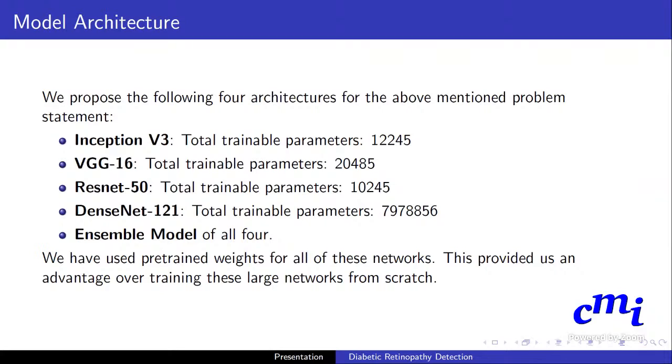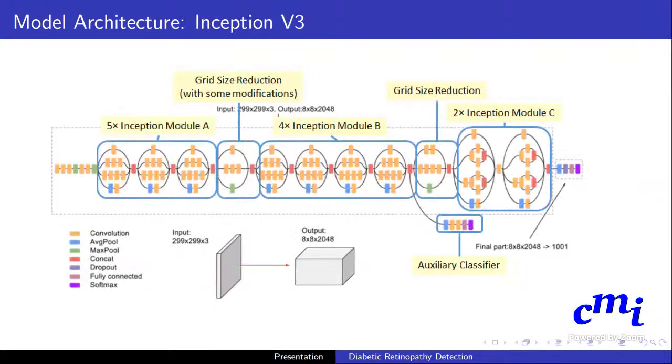We have used pre-trained weights for all of these networks. This provided us an advantage over training these large networks from scratch. This is an example of the model architecture Inception V3. As we can see, there are convolutional layers, average pooling layers, max pooling layers, followed by dropouts, fully connected layers, and finally a softmax layer.